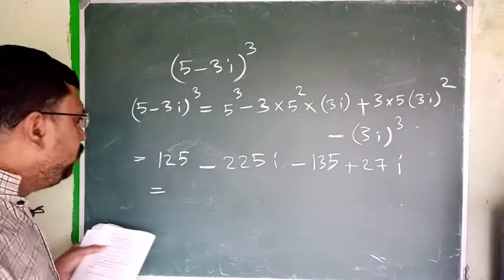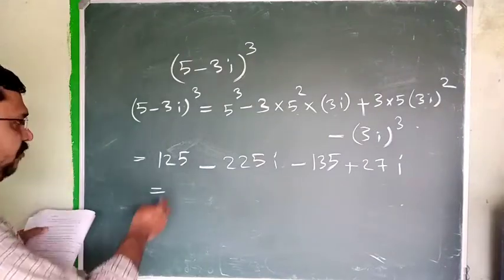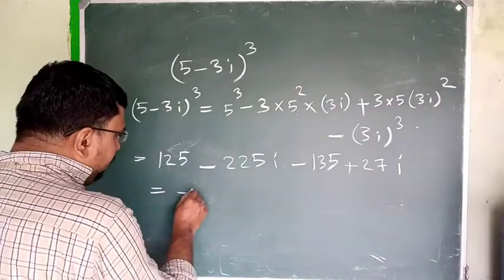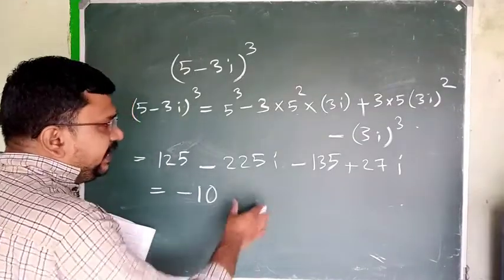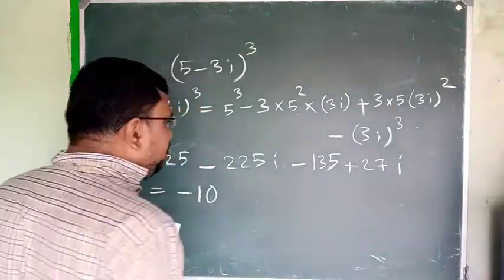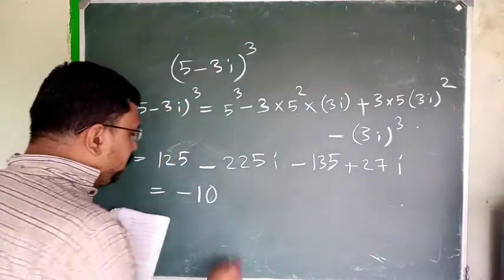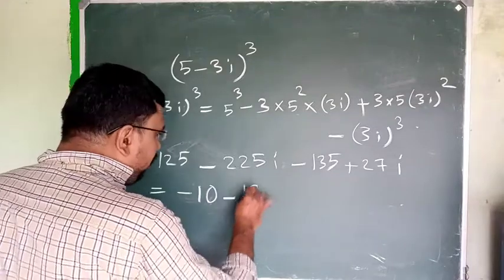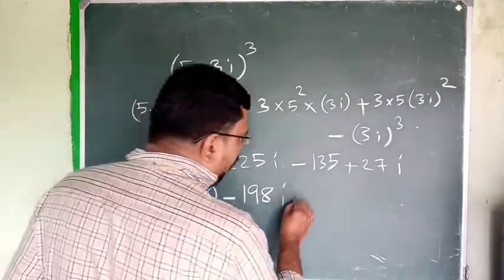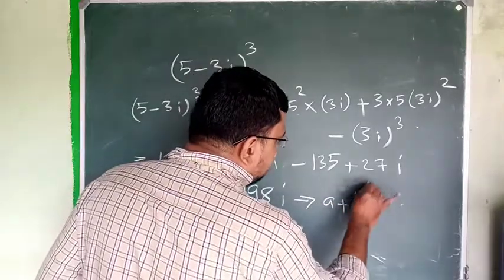That is equal to 125 minus 135, the answer is minus 10. Next, minus 225i plus 27i, that is equal to minus 198i.